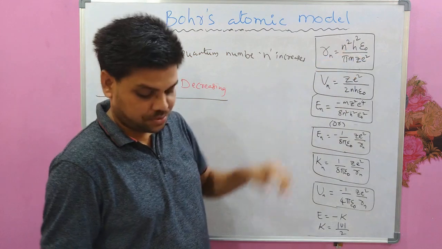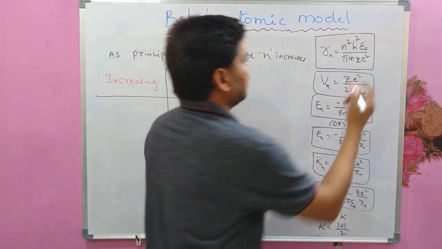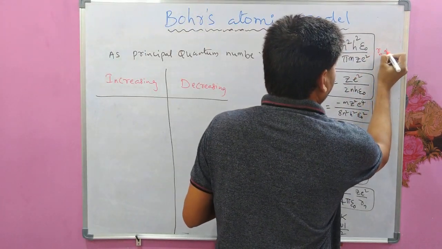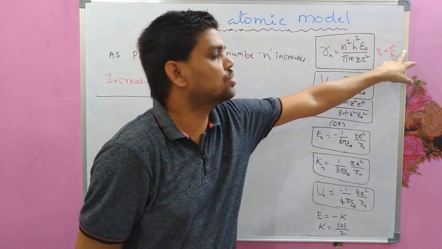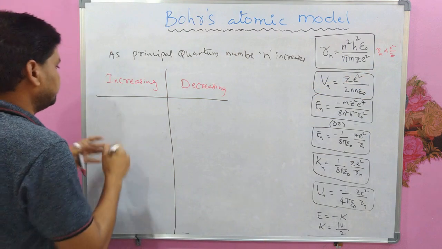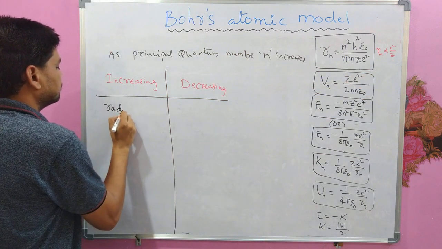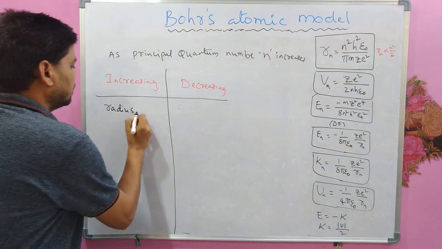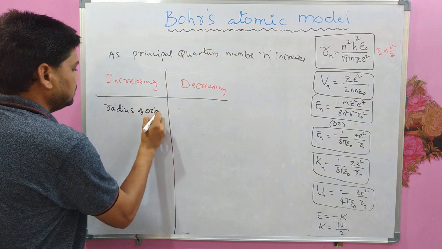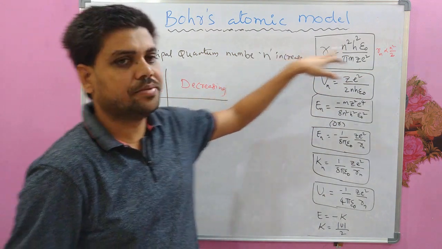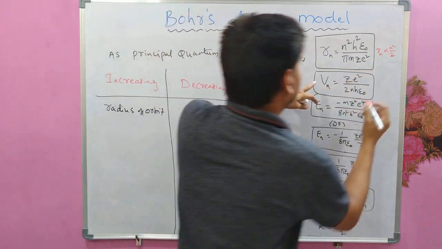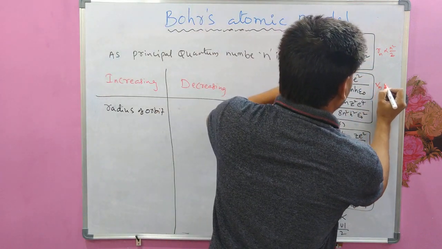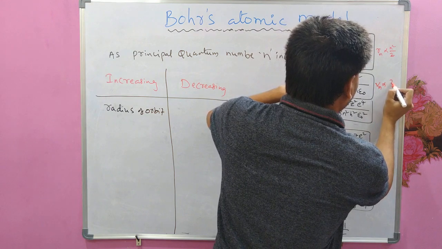R is proportional to n square. All others are constant, so it is proportional to n square. So the radius of the orbit will increase as n increases. Now if you see, the velocity Vn is proportional to Z by n.